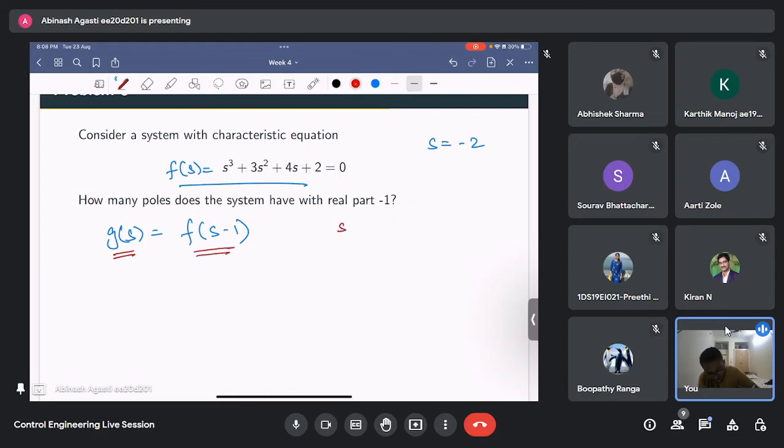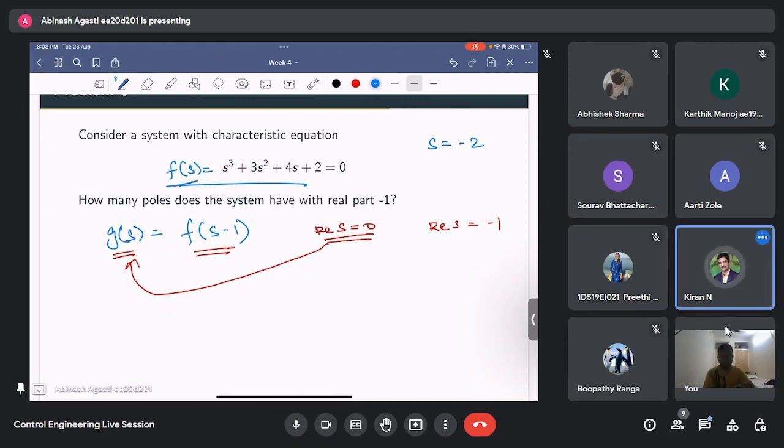If real part of s equal to 0 corresponds to a root of this polynomial, that means f(-1) is equal to 0, or at least the real part of the zeros of f is -1. Is this reasoning clear?